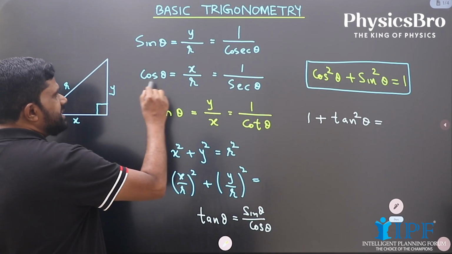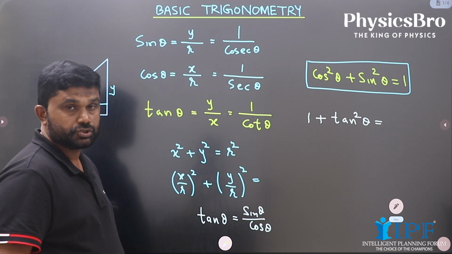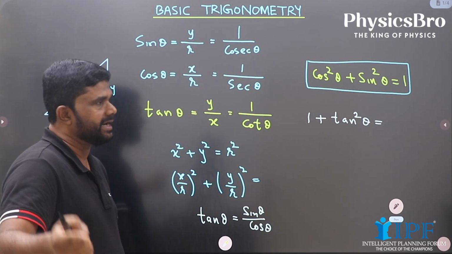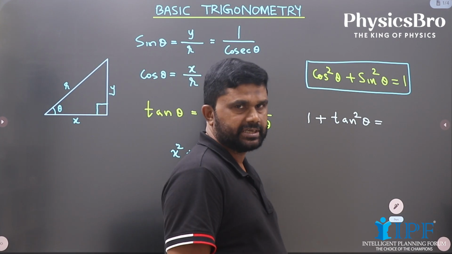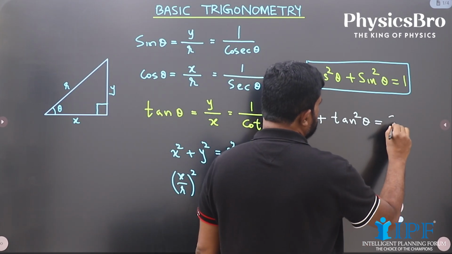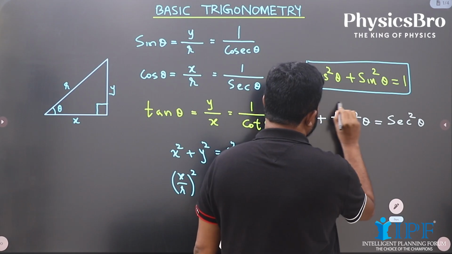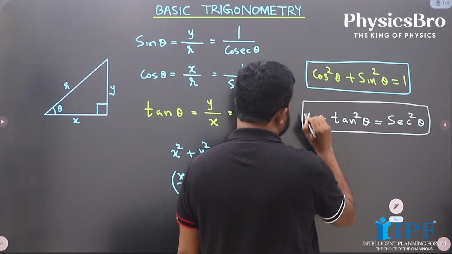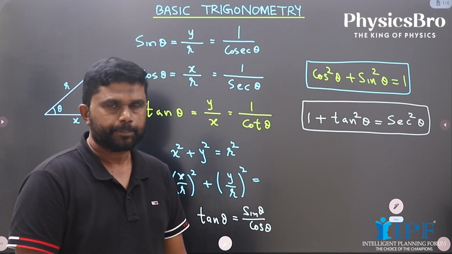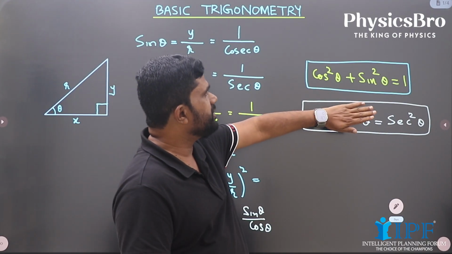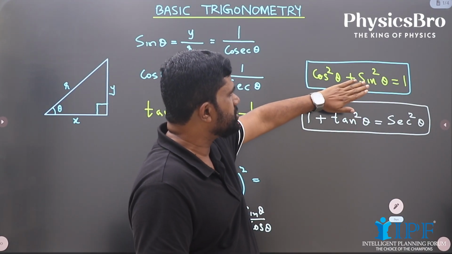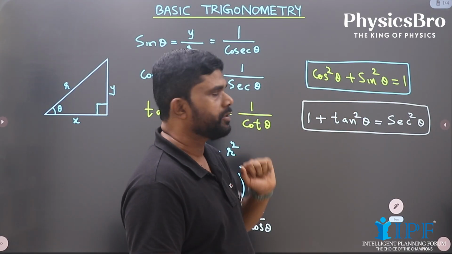Cos theta is 1 by secant theta, so 1 by cos theta will be sec theta. Here we have 1 by cos square theta, that will be sec square theta. This we get if we divide this equation throughout by cos square theta.